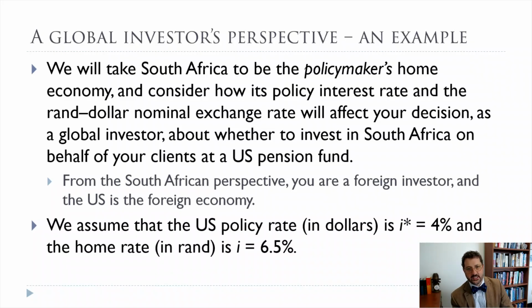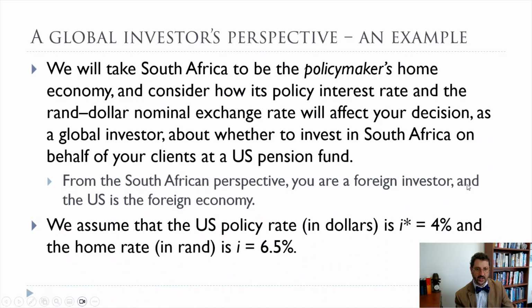So here's an example where we're going to say we're in South Africa, and that's our home economy. That's the policymaker's home economy, excuse me. And we're a global investor, and we have to decide whether to invest in South Africa or not. And so we're going to say, okay, the U.S. policy rate, the rate that we can get in dollars, is 4%.